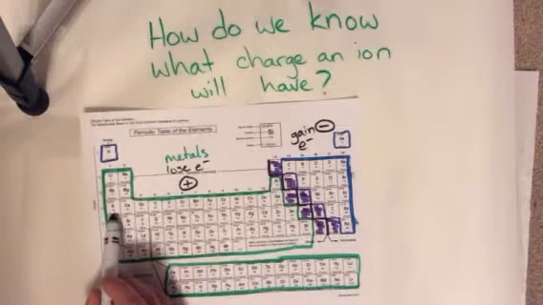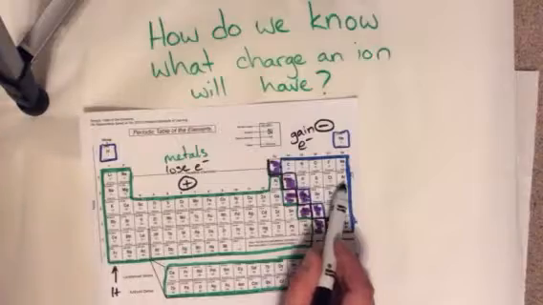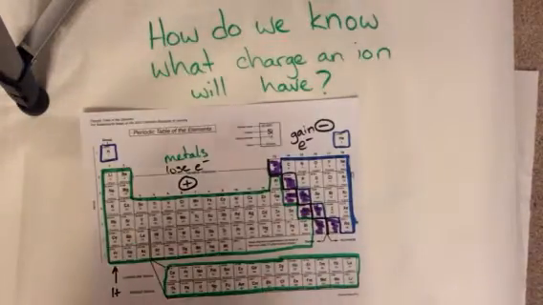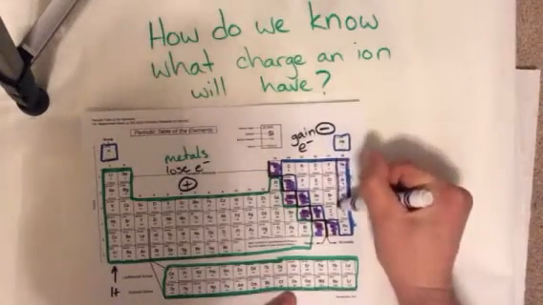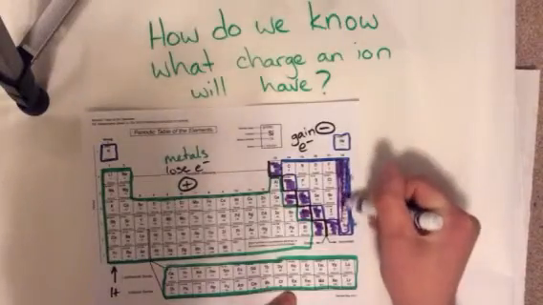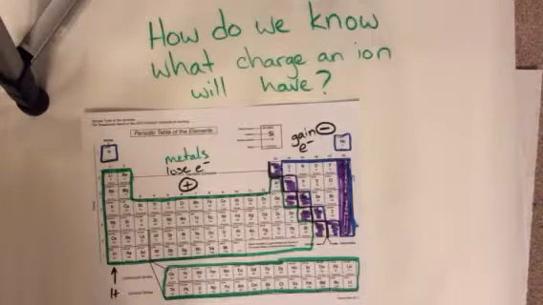If potassium with 19 electrons lost one electron, it would be just like argon. Argon is a noble gas. Atoms really, really like to have the same number of electrons as a noble gas. So if you could lose one electron and become like a noble gas, you're going to do it. And then you'll have a +1 charge.